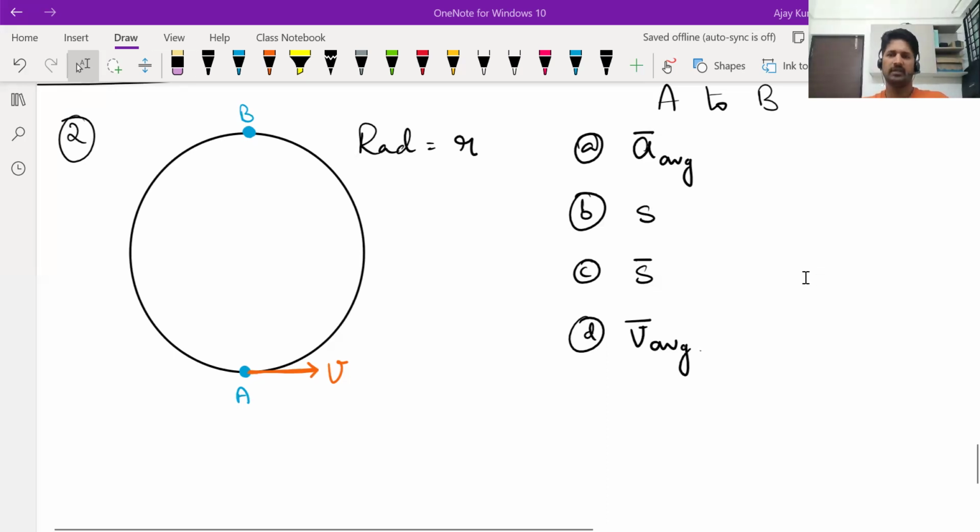Quantities which are vectors have to be treated as vectors. So make use of i cap, j cap while solving.